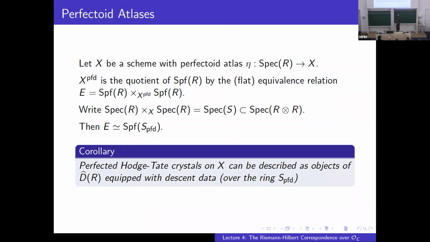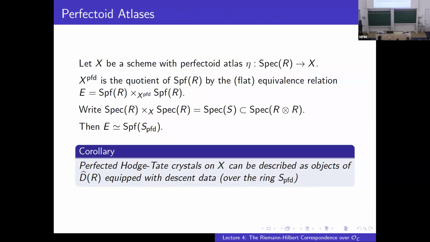So once you choose an atlas, then what you're trying to understand is objects of this derived category of R that are equipped with some kind of descent data that involves this perfectoid ring S perfectoid. So they have some description in terms of comodules over a Hopf algebroid.